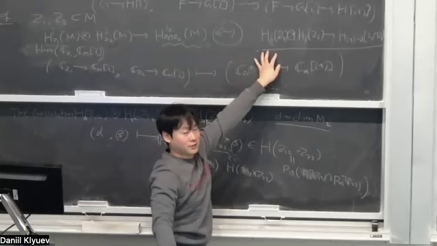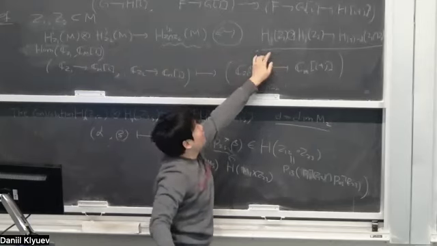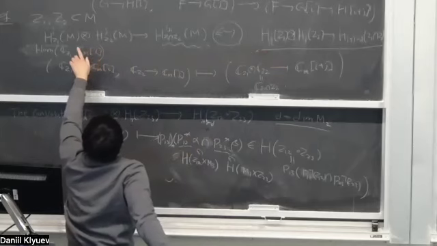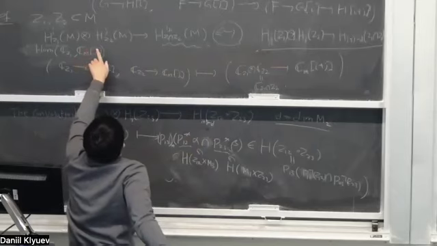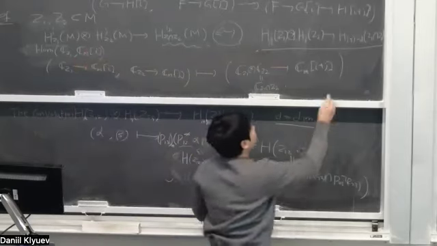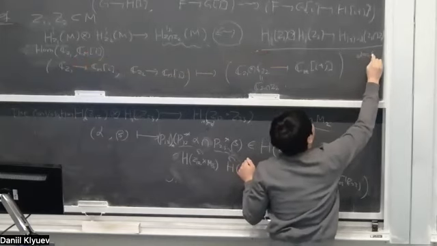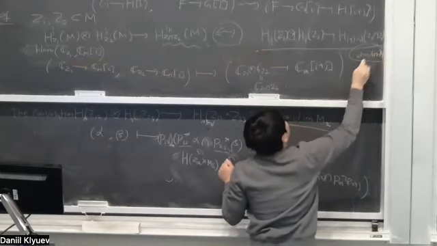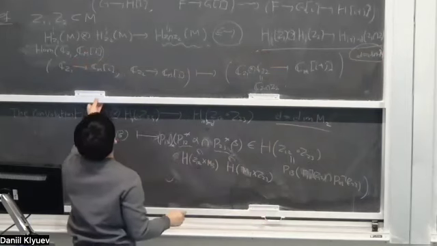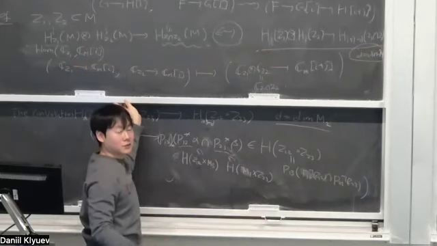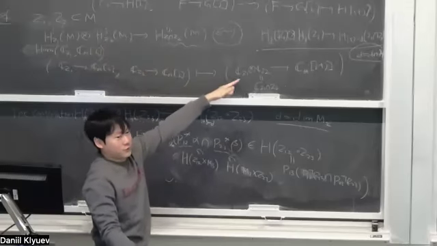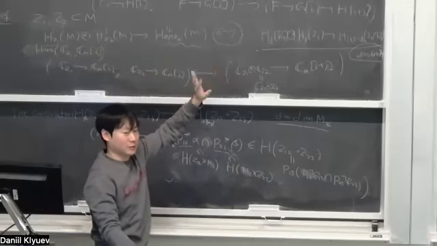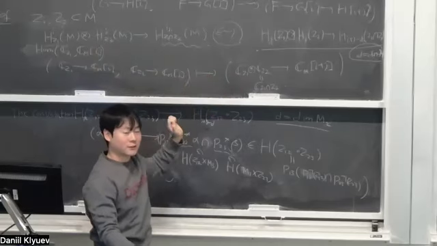But what is D? D is just the dimension of M. Yeah, the dimension of M, because we use Poincare duality here, and we have a D minus star shift.